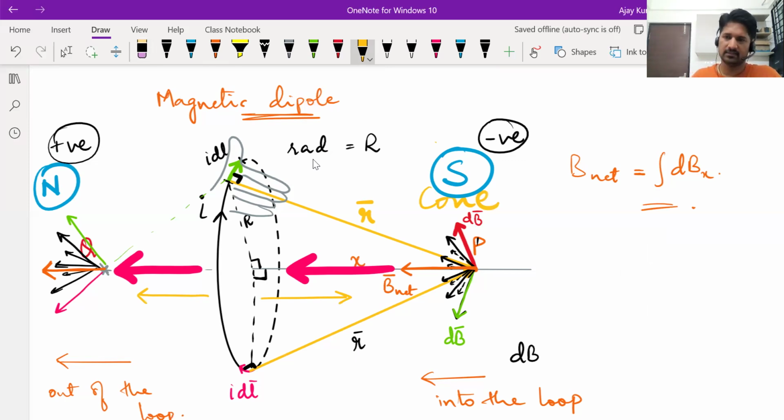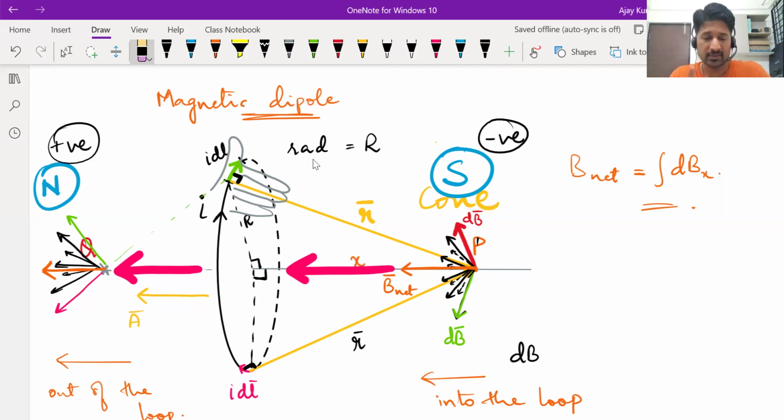So in this case, you curl your right hand fingers along the flow of current, the thumb points to the left. So we'll say area vector is this way. We will not consider the other one. In case of magnetic moments, it's taken like that. We assign a particular direction to the area vector. For every plane surface, there are two perpendicular directions, upward, downward, or outward, inward.